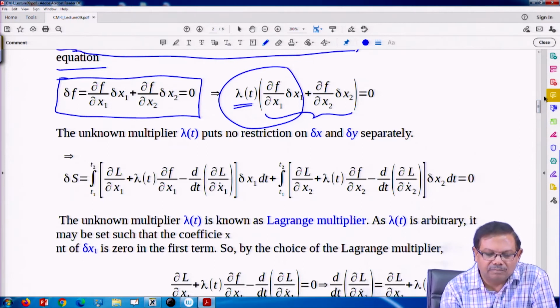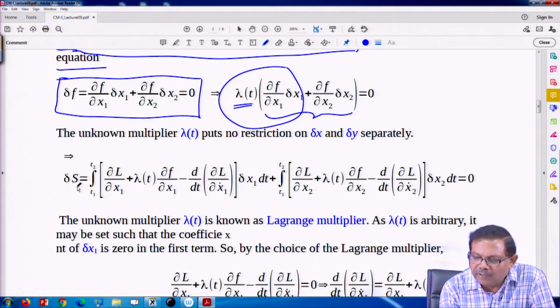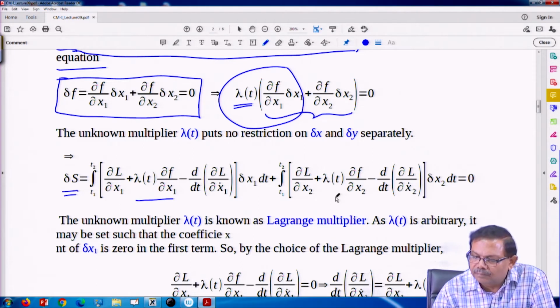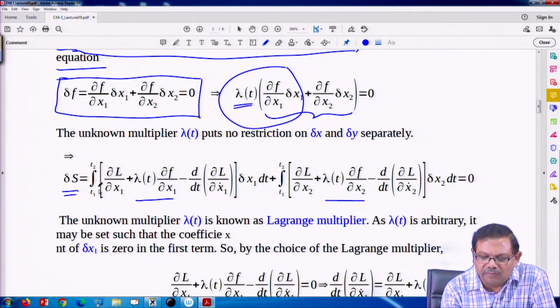In the equation for the variation in action, I have added both the terms. So, their sum is 0, they are both under the same integral T 1 to T 2 dt, and one is multiplied with delta x 1, the other is multiplied with delta x 2.